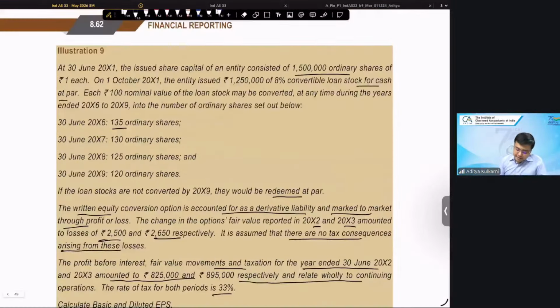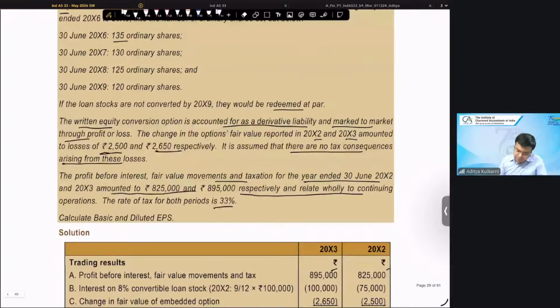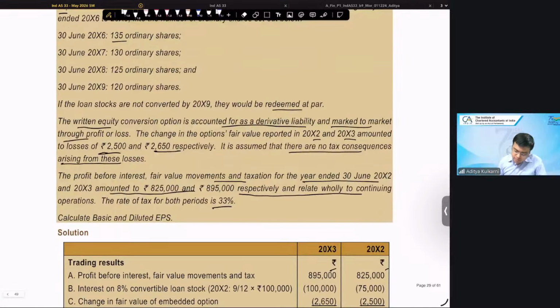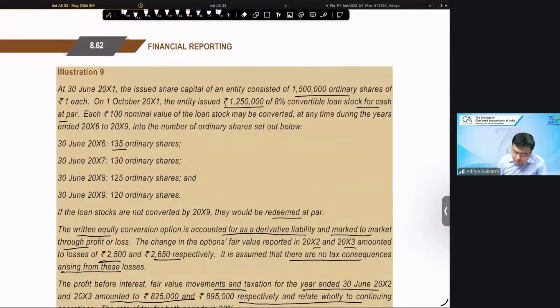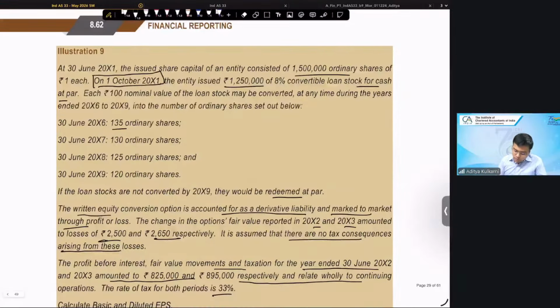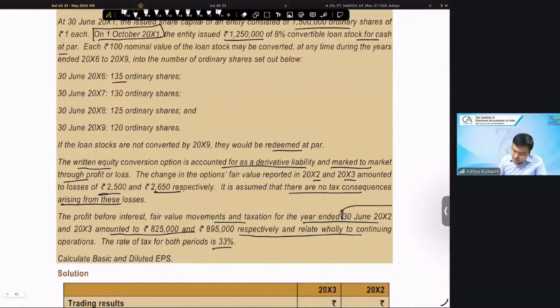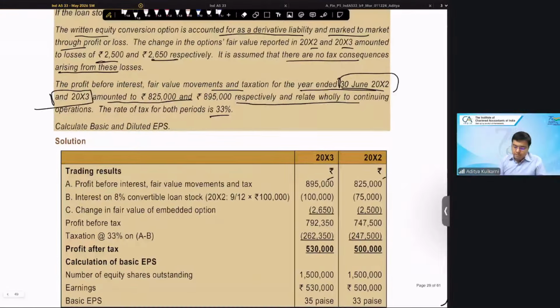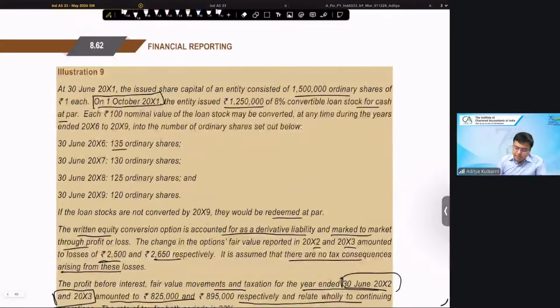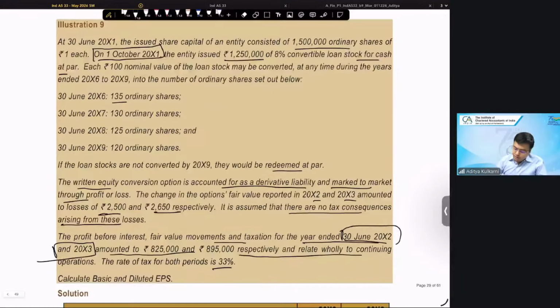When did I issue the loan? 12,50,000 issued on 1st October 20x1, correct? And what is the year ending? June. Be very careful. So October to June means a period of 9 months. So 12,50,000 into 8% for 9 months.